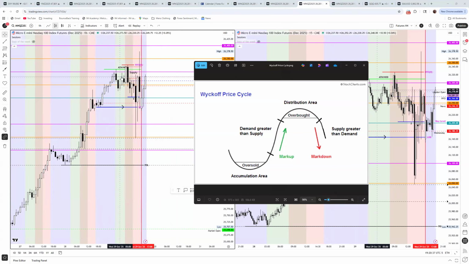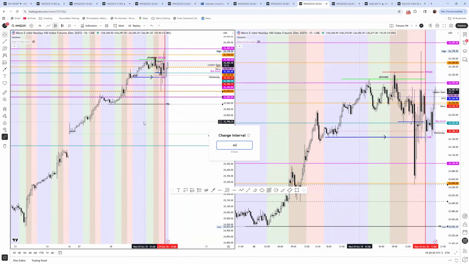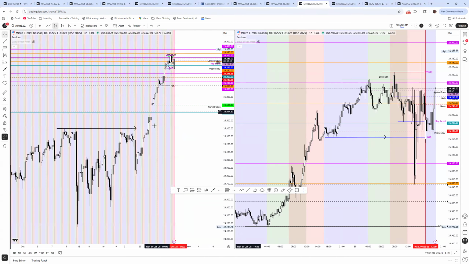At this point, in my eyes, before New York even opened and we extended up, we were really overbought. We've been overbought, I would say, since we made all-time highs here, ever since we crushed through this level, 25,400s. Essentially, we've just been in uncharted territory, marking up price and going crazy.